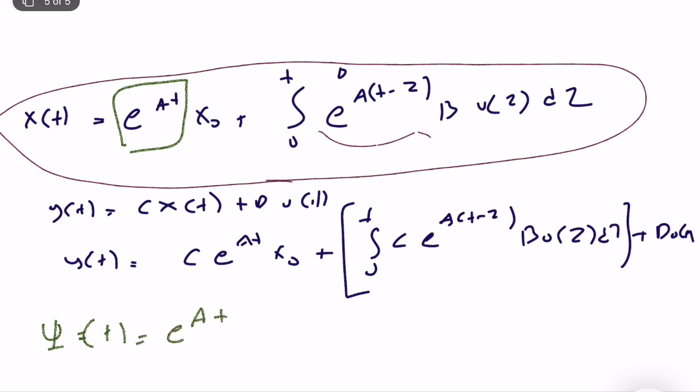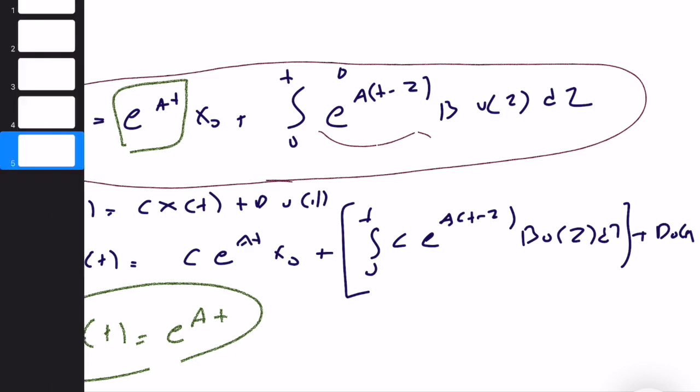We start from an initial condition x naught, and x naught doesn't have to be at t equal to 0. We can start our system from any time. We can use the initial condition to predict the future states and future output. The state transition matrix, which is the matrix exponential e to the power At, determines this mapping from any initial condition, including the input, to any final state. So let's solve an example and finish this lecture.